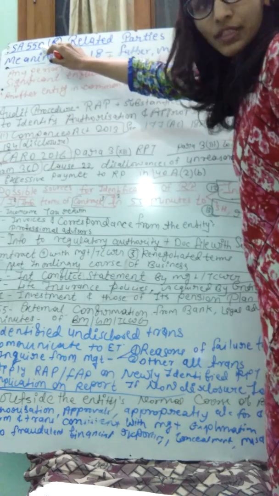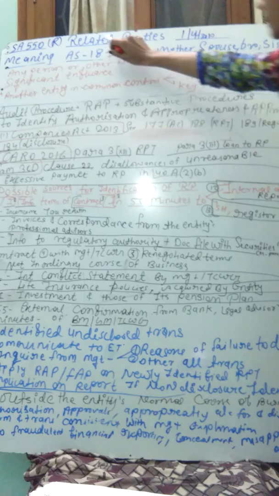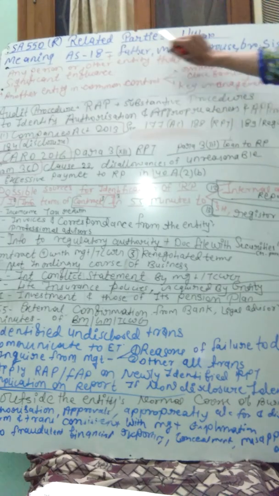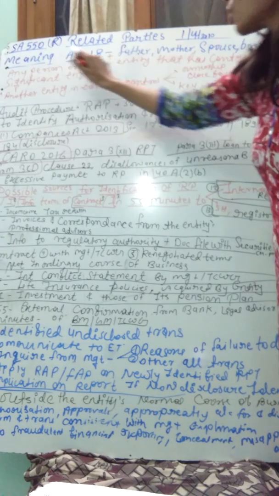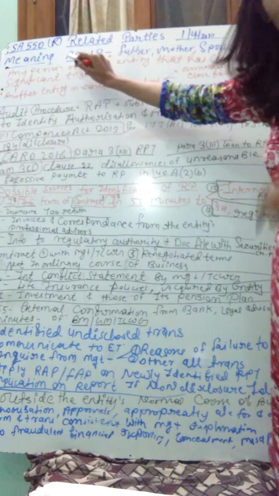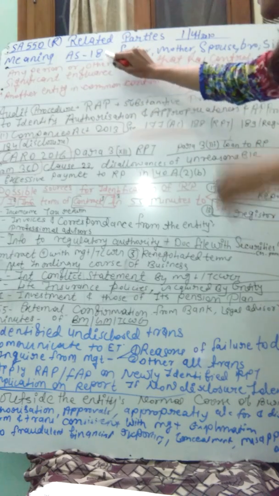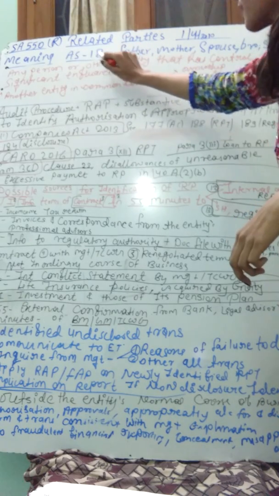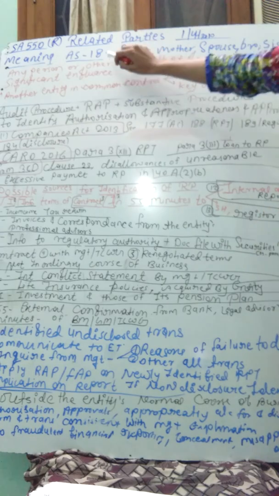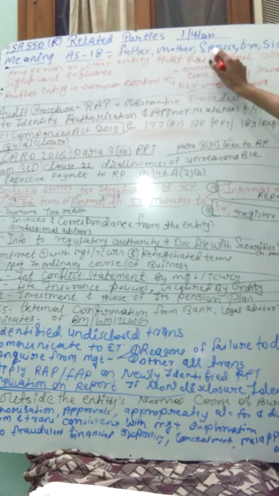SA 550, revised on 1/4/2010, related parties. The meaning is defined in the financial reporting framework, that is Accounting Standard 18. We define the related party as spouse, father, mother, brother, sister.